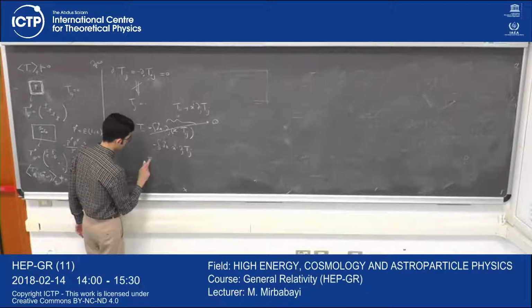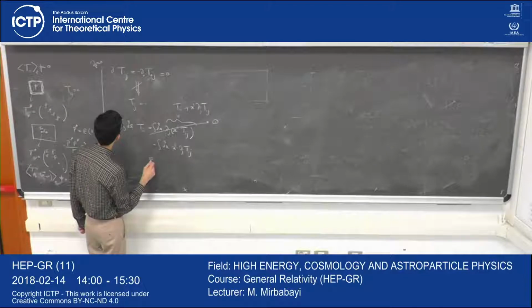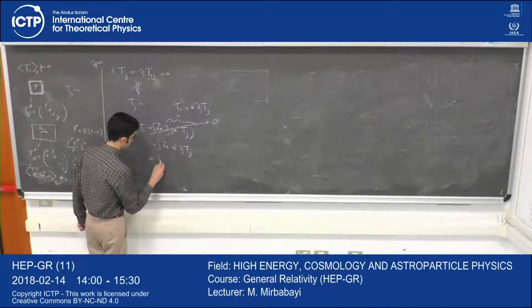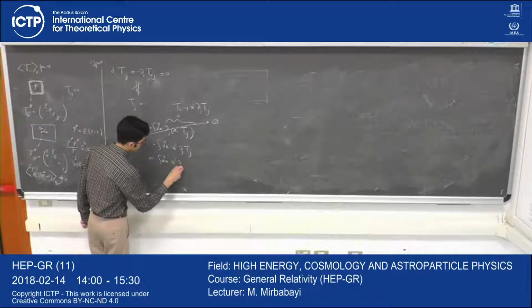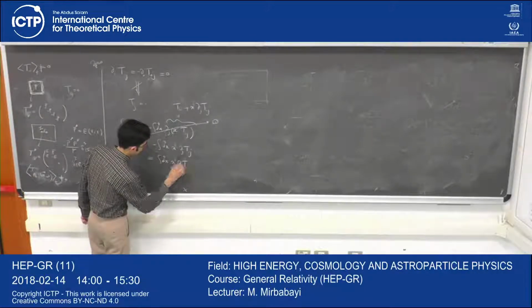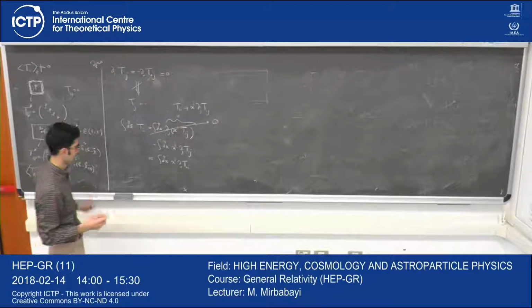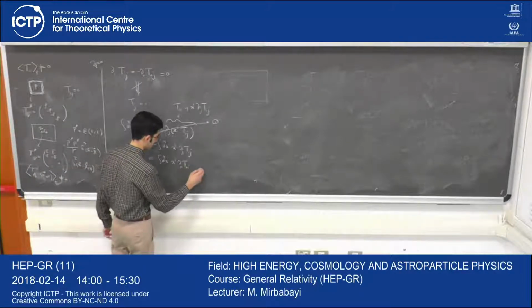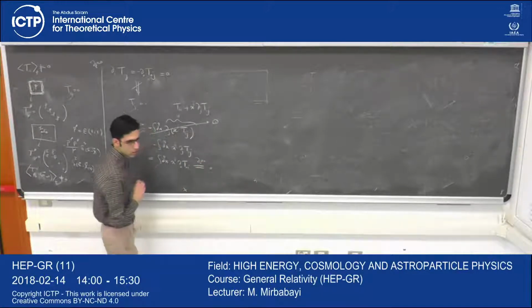So the second term becomes the integral d³x x^i times ∂_0 T^{0i}. Now, if it is a static system, ∂_0 is 0. So again, I get 0.